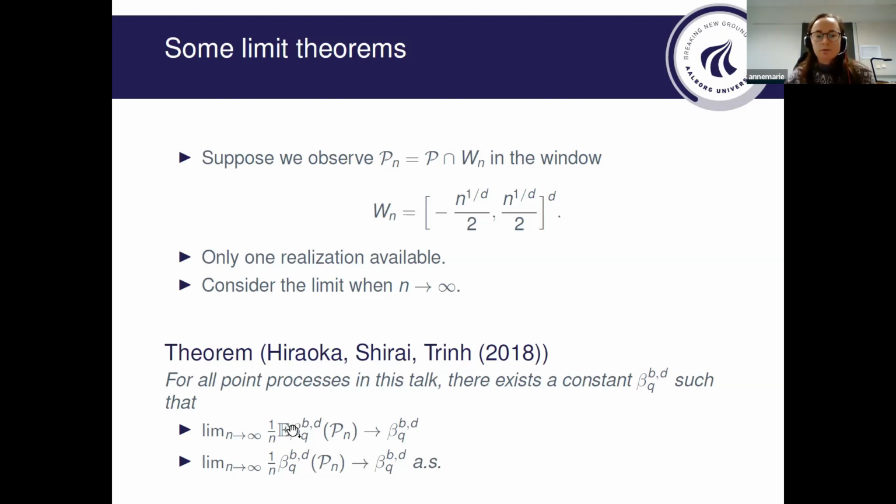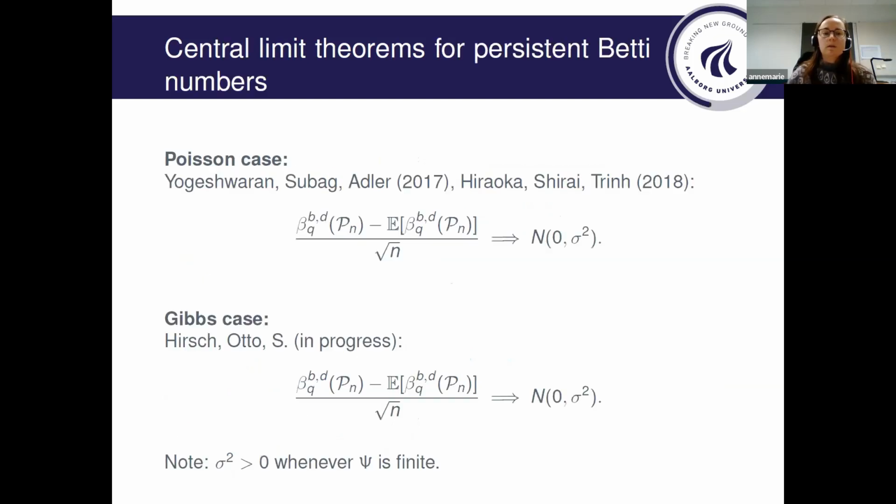They have shown that if you take the expected value of the persistent Betti numbers and divide by the volume of the window, which was n here, then they converge to some constant. And actually this convergence to the same constant also holds almost surely, so if you don't take expectation. So this is known. Then how about the distribution when n goes to infinity?